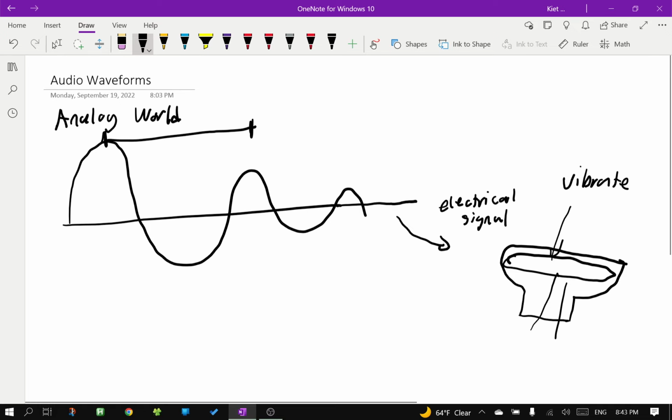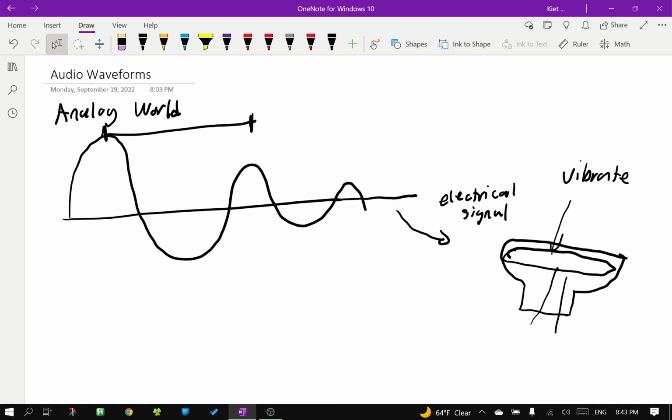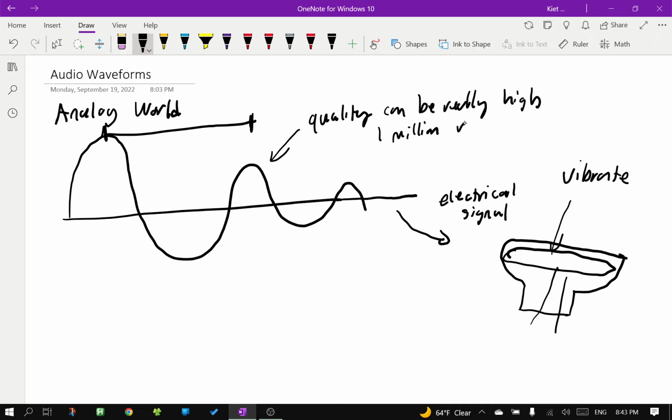Alright, so in the real world, the quality of the sine wave could be really, really high. So let's say that is like 1 million vibrations a second or something like that.